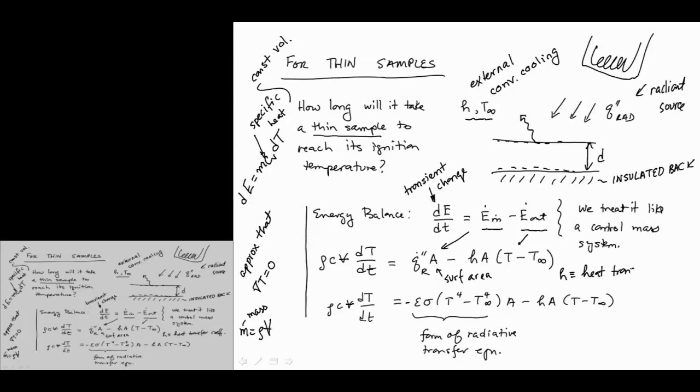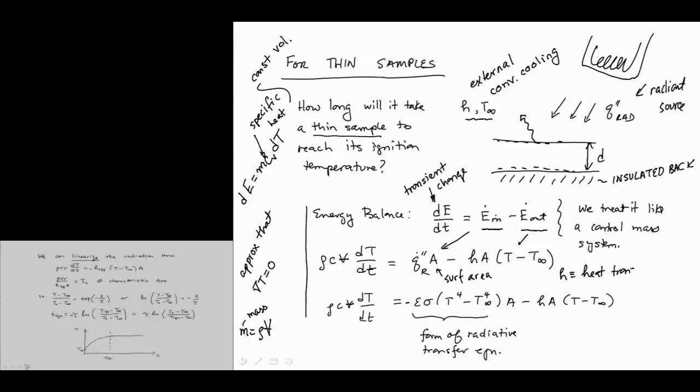We're just expanding this, and perhaps using one form of the radiative transfer process as epsilon sigma, T surface to the fourth minus T infinity to the fourth. So this is just an expansion of the radiation term.